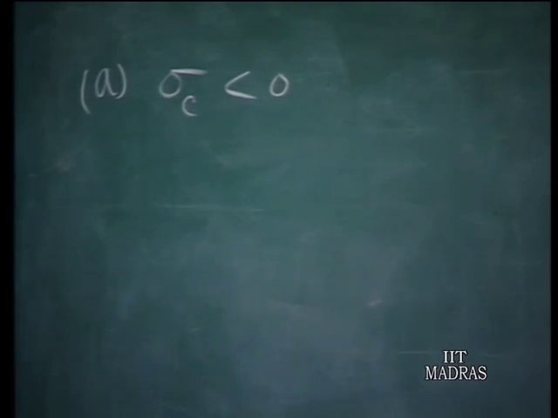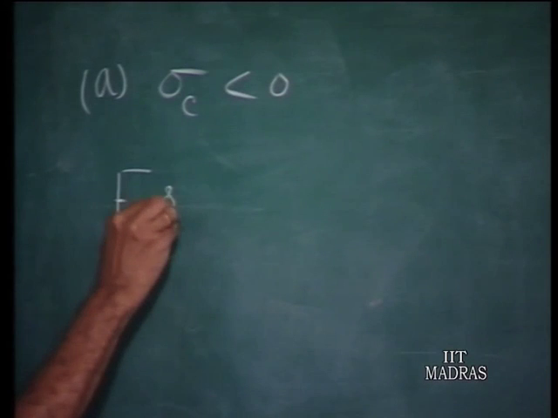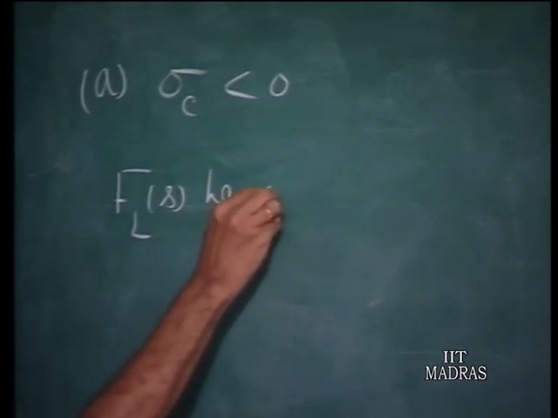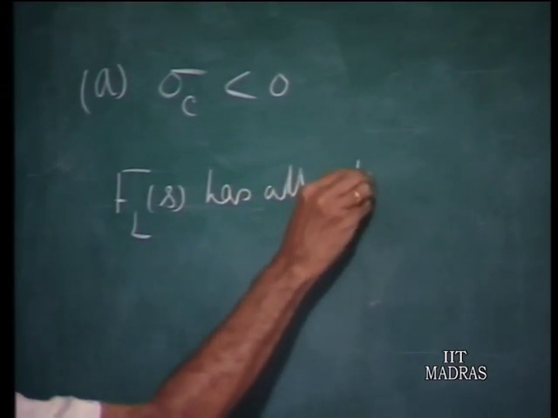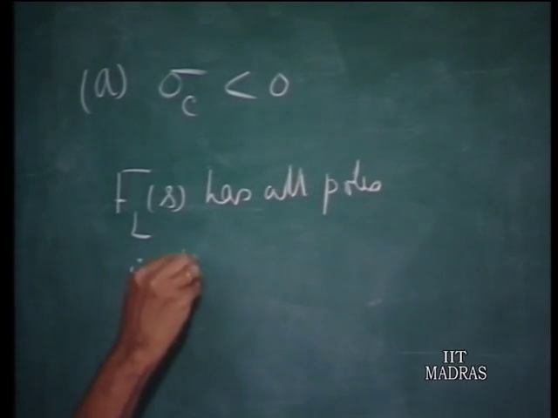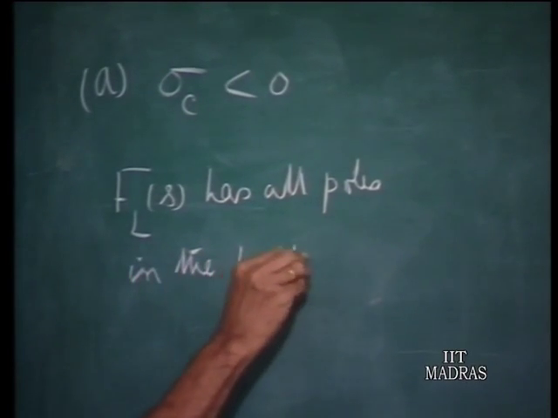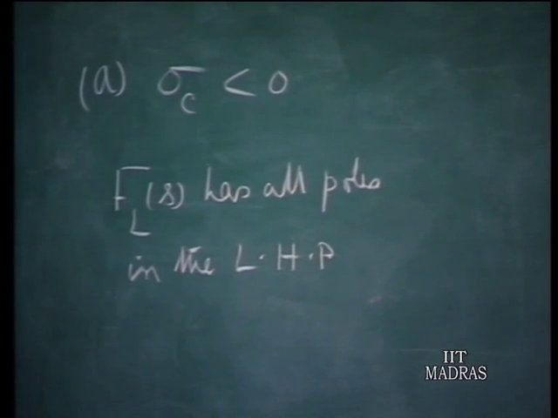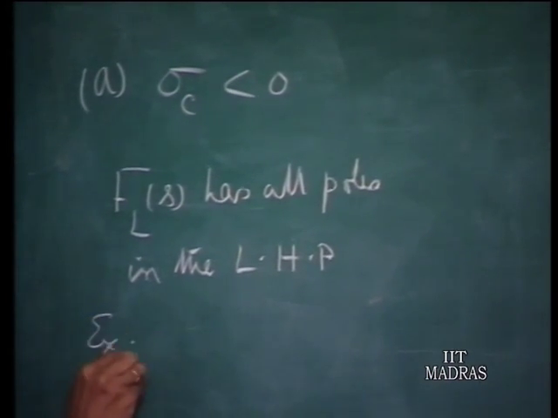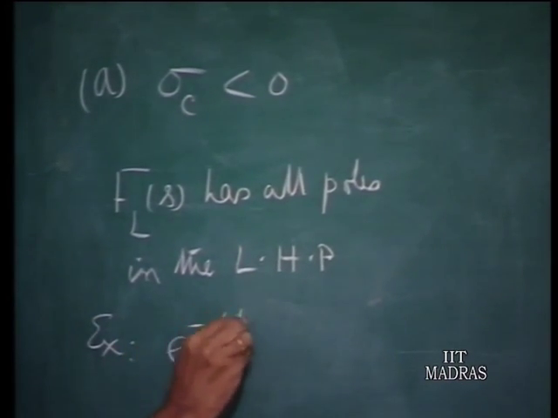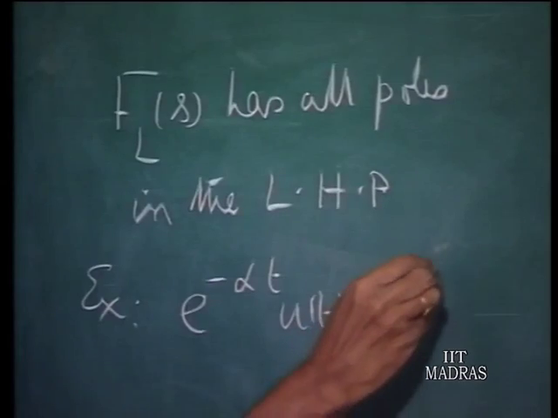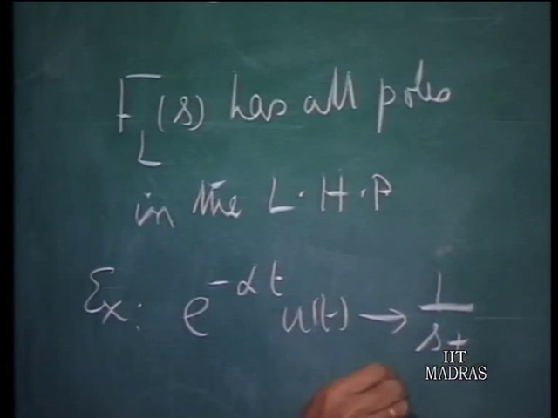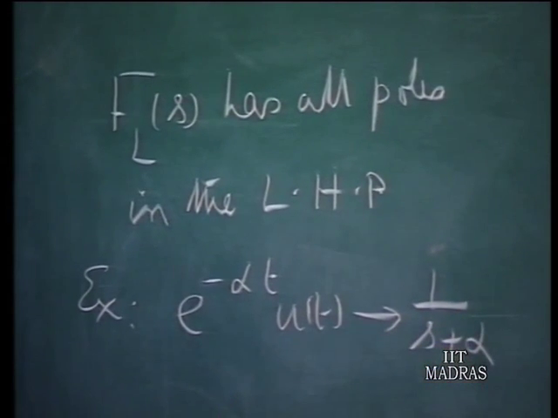So the first case corresponds to a situation where the abscissa of convergence is less than 0, which means that F L of s has all poles in the left half plane. Examples: e power minus alpha t u(t) has Laplace transform 1 over s plus alpha.